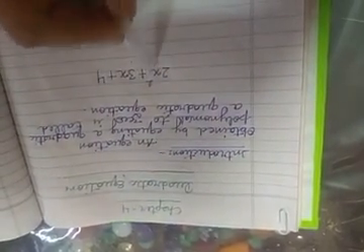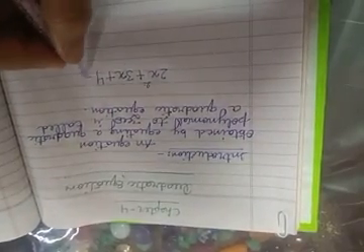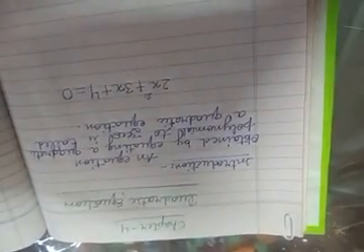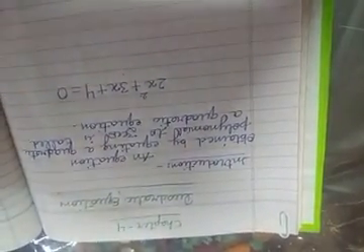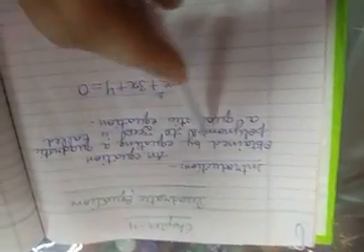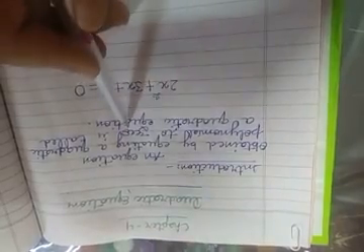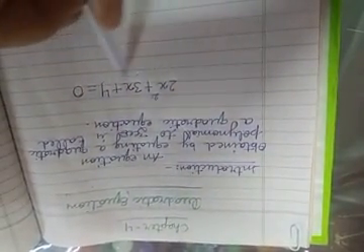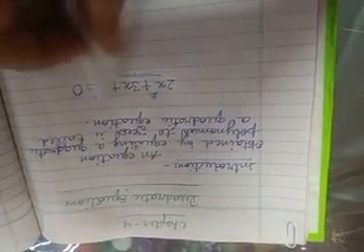That means when we equate a 2-degree polynomial to 0, that is known as a quadratic equation. That equation which is obtained by equating a quadratic polynomial to 0 is called a quadratic equation.